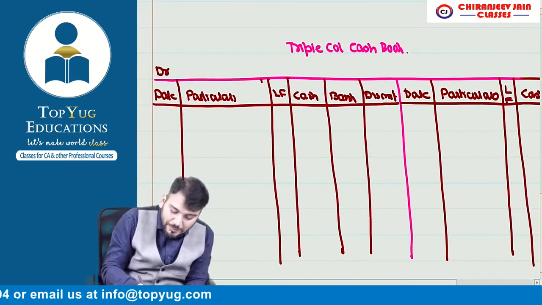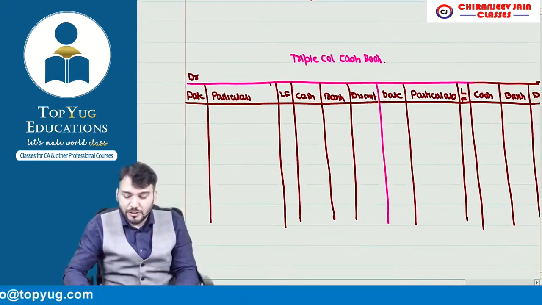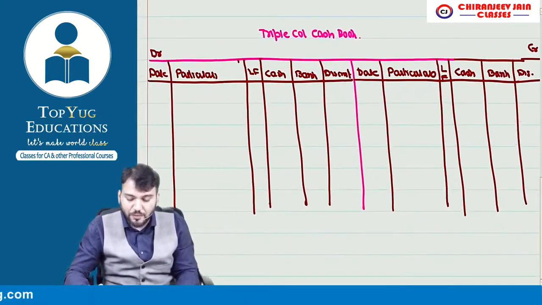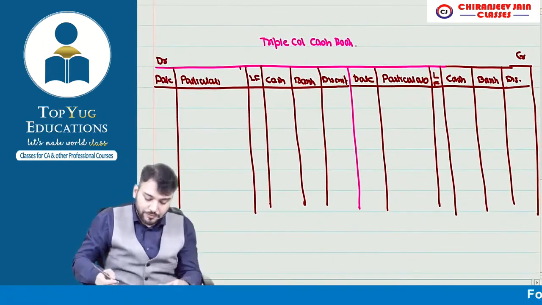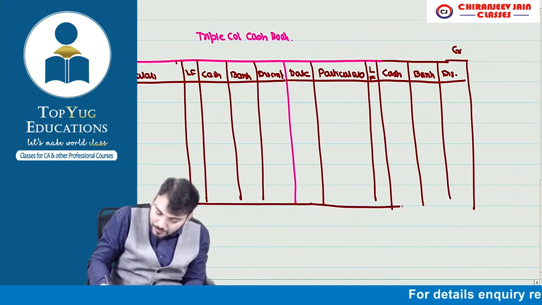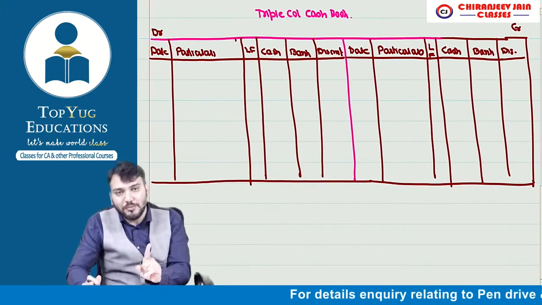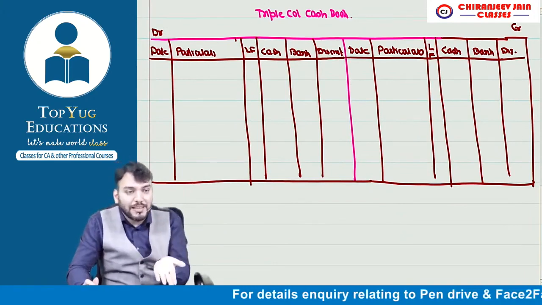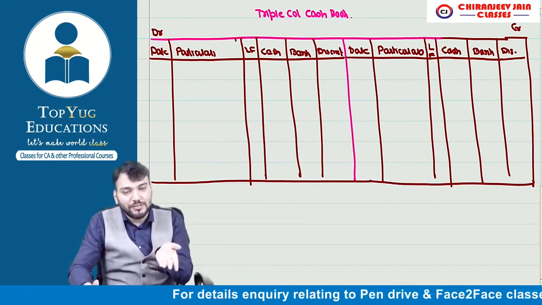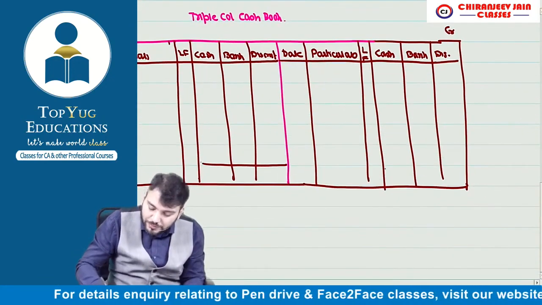This will be the debit side, this will be the credit side. Understood? This is one format. I think you understood the format. Any doubt about format? If it is simple column, only cash column. If it is double column, either cash and bank or cash and discount. Triple column, have you understood this point?